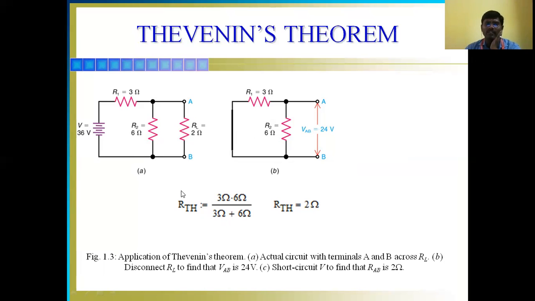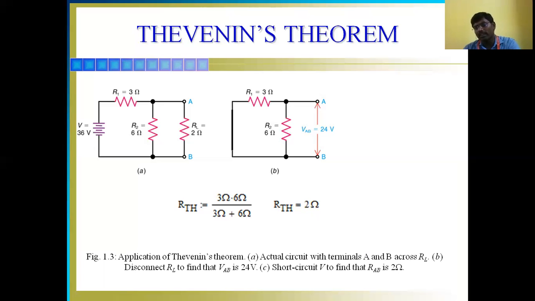So RThevenin is equal to R1 R2 by R1 plus R2, which is 3 into 6 by 3 plus 6, that is 18 by 9, equal to 2 ohm. So VThevenin is 24 volts and RThevenin is 2 ohm.